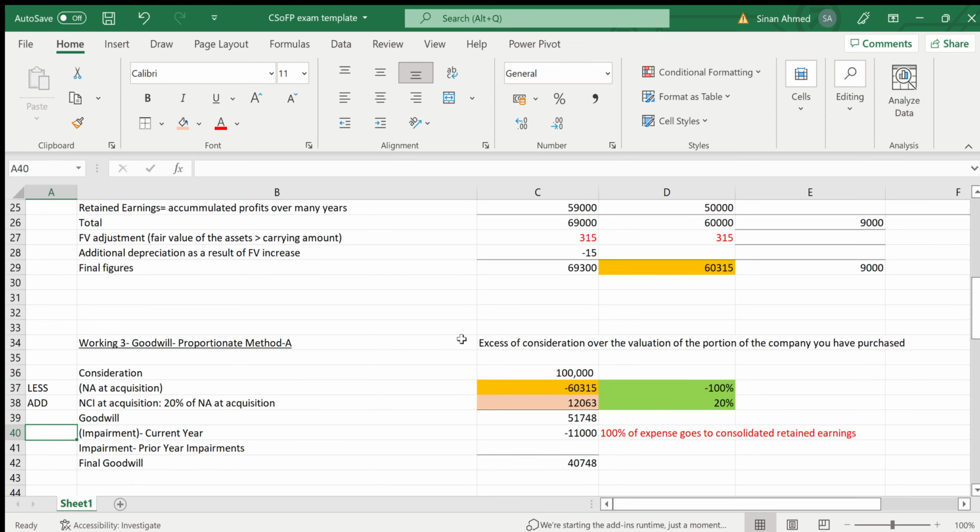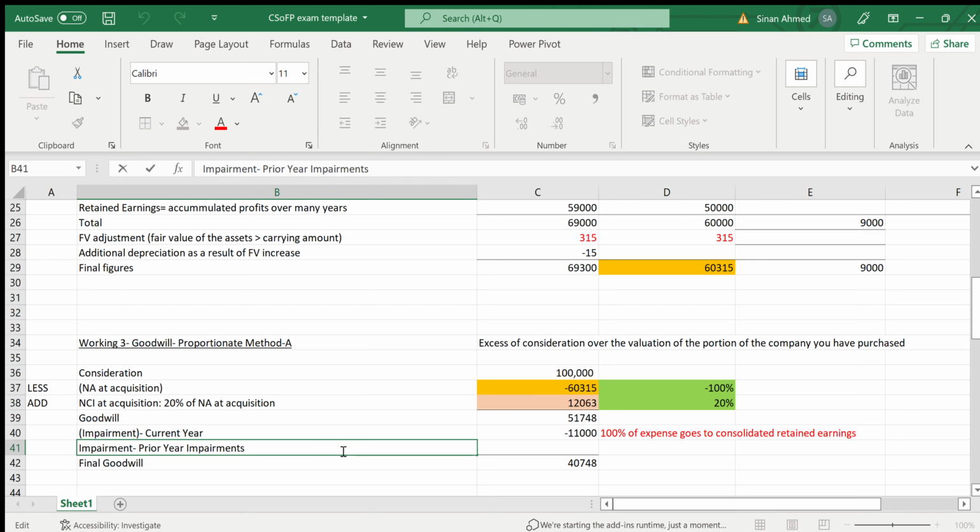So then we have our goodwill, initial goodwill, but then we have current year impairment. We might have a current year impairment, so each year goodwill is assessed for impairment under IFRS. For FRS 102, you amortize the goodwill. You might also have some prior year impairments as well. So those also will feed into it. I'm just going to add a negative.